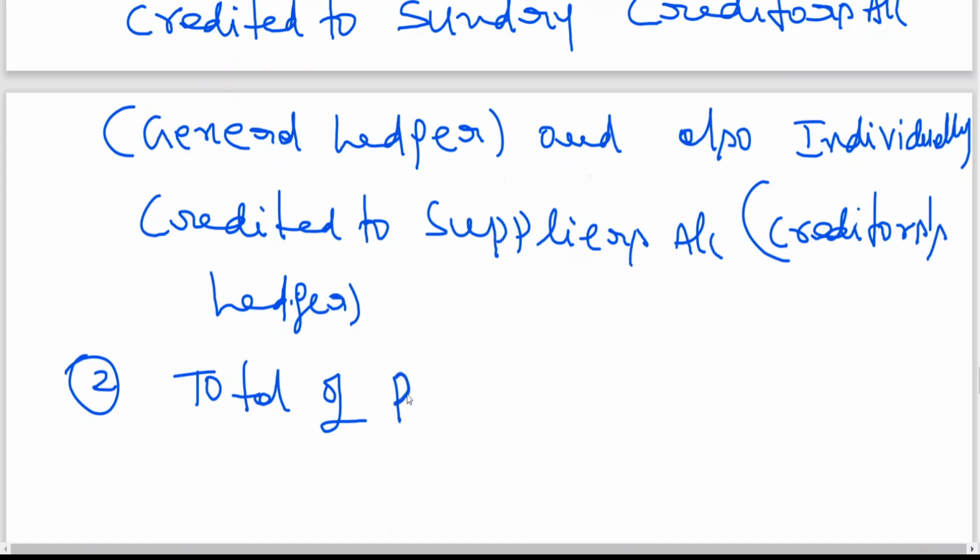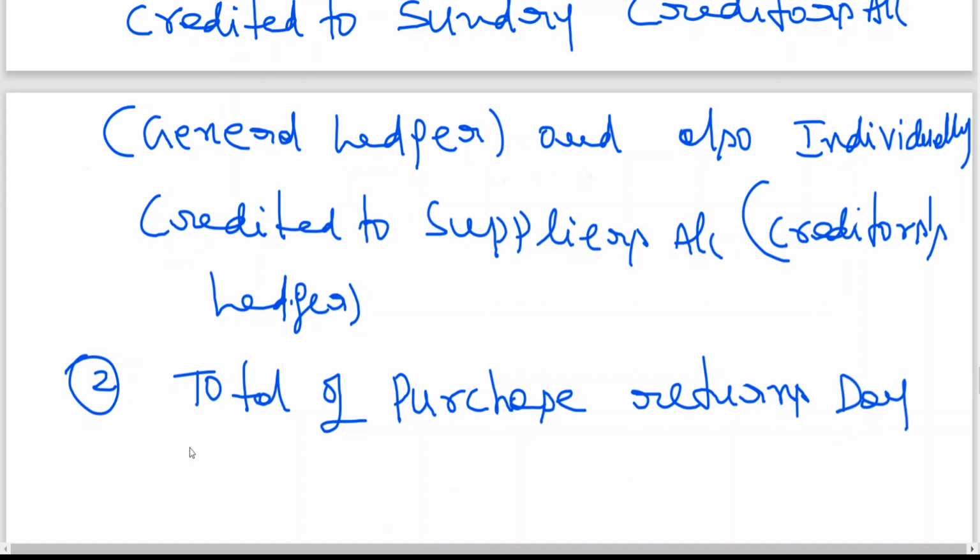total of purchase returns. This I have not explained, but the logic is same. Total of purchase returns day book is debited to sundry creditors account.